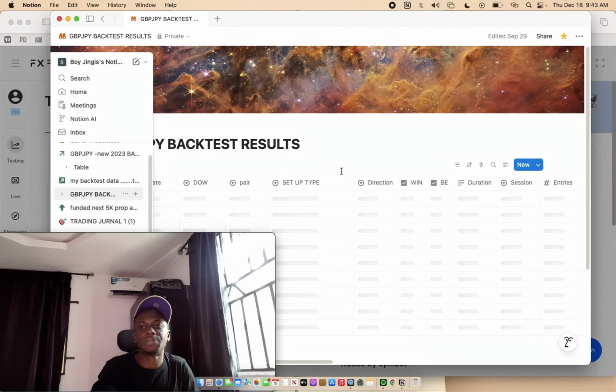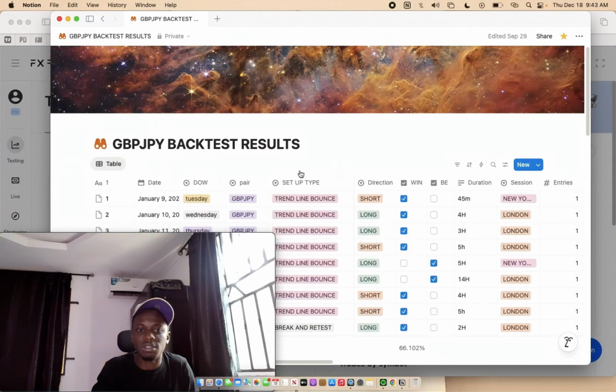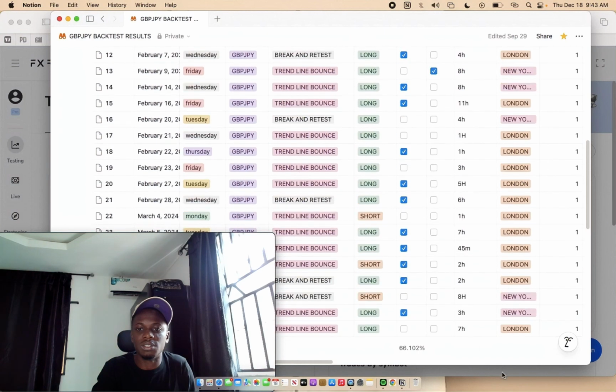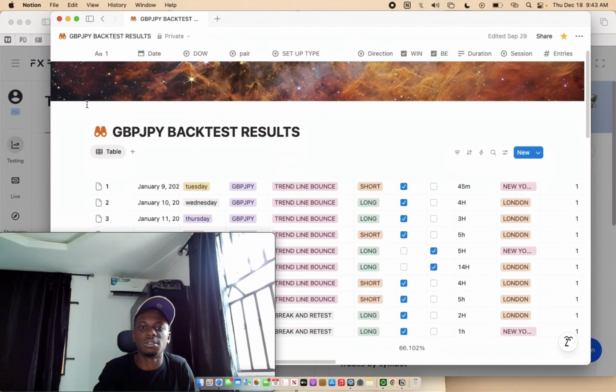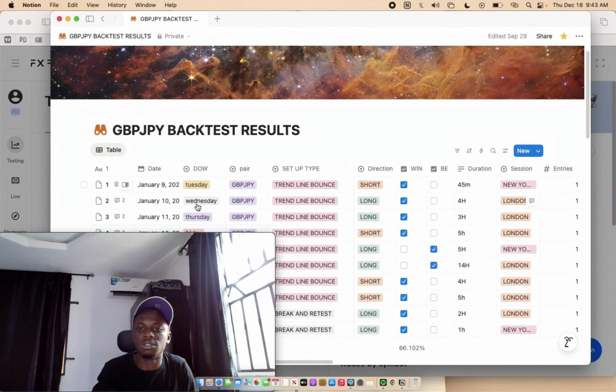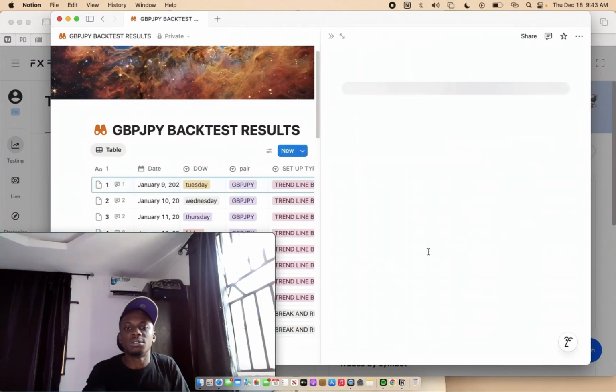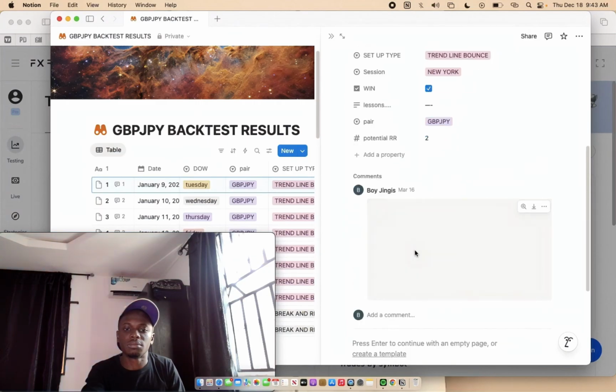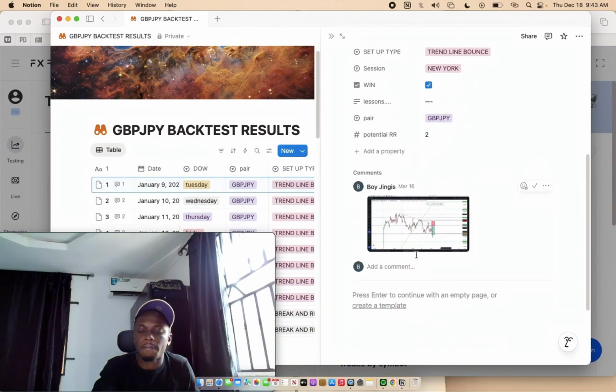This one is still going and has like a 66% win rate. I think it's one of the good ones.